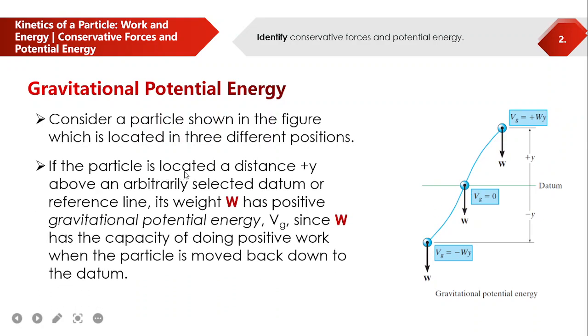So, if the particle is located a distance positive y, ito sa itaas, above an arbitrarily selected datum or reference line, its weight W has a positive gravitational potential energy, V sub G, since W has the capacity of doing positive work when the particle is moved back down to the datum. Okay?